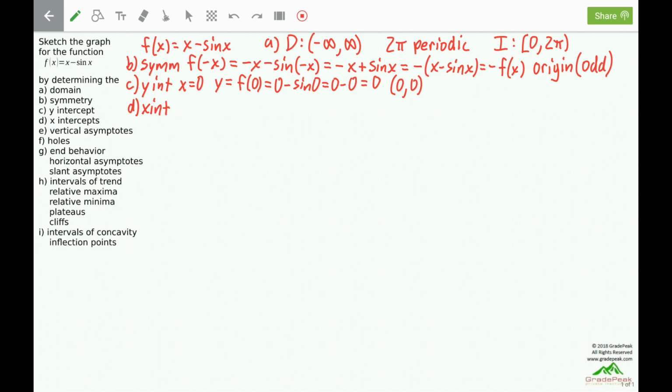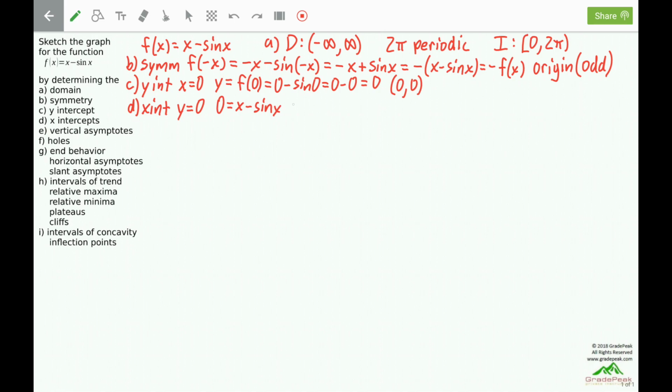For part D, we want to determine the x-intercepts. These are the points where the graph crosses the x-axis, defined by y equals 0. Y, which is f of x, will be set to be 0, and we can solve for all x's that make this true. So 0 equals x minus sine x.